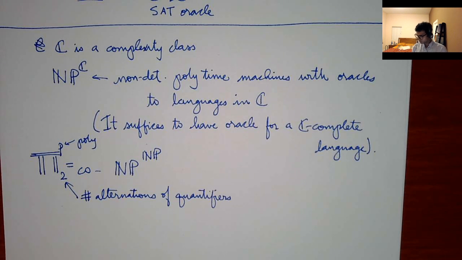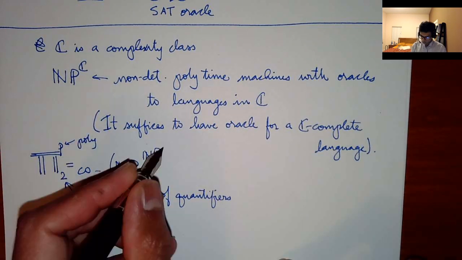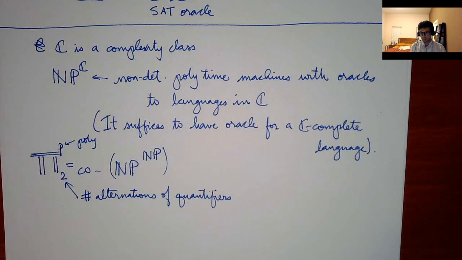Can you have co-NP to the NP, and then pi 2 equals co-NP to the NP? Is there another set of parentheses around the NP as well?